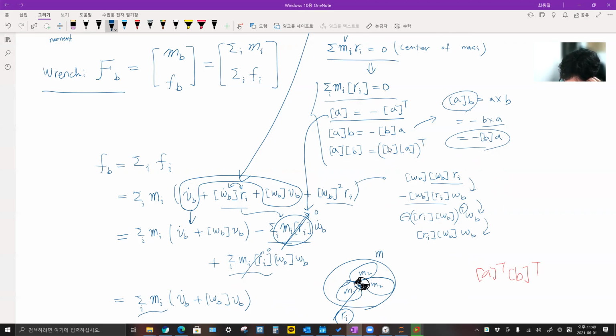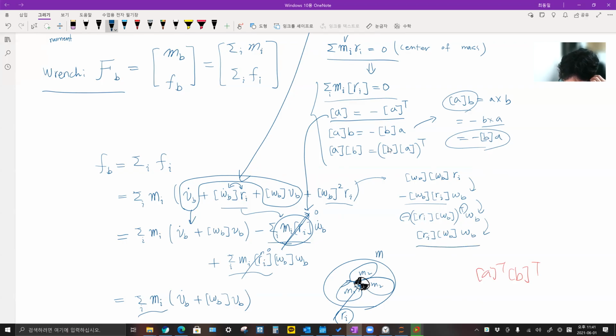So omega b symmetric square like this, and change the position of these two things and take the minus, and we take the transpose like this, and then we take this relationship transpose and minus changes like this, and it becomes like this.